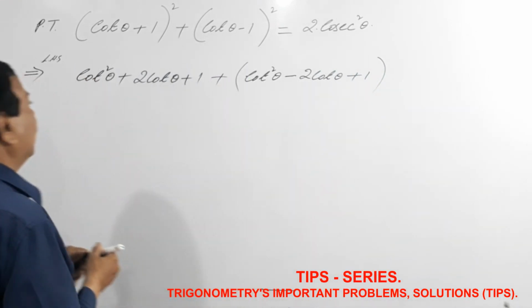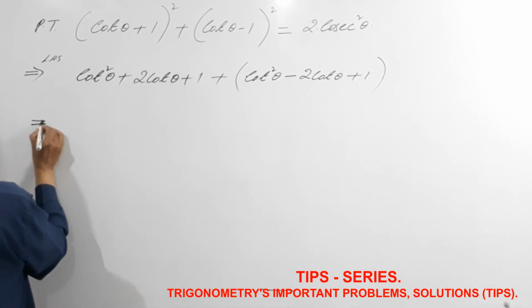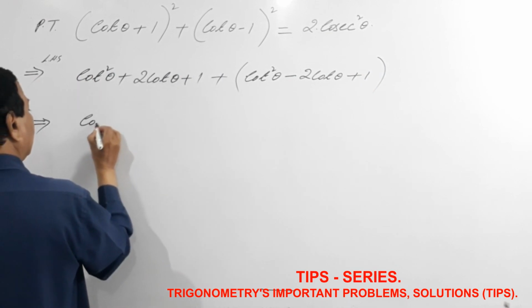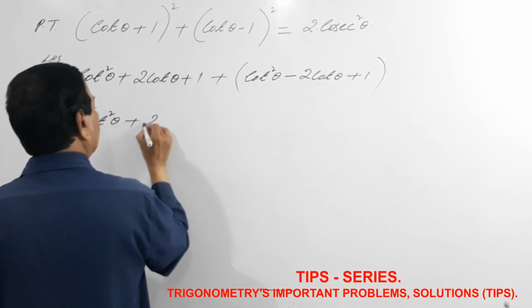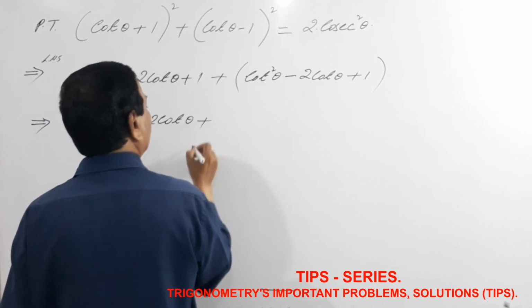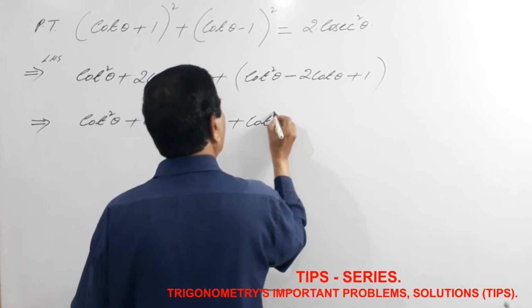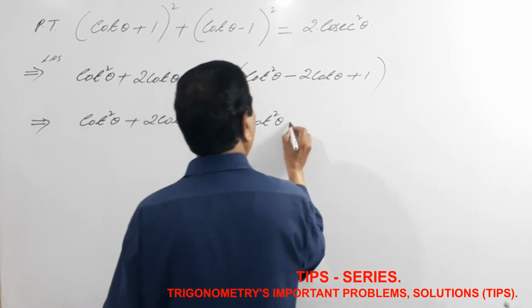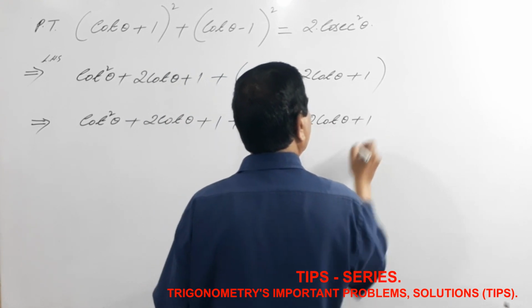Done. So now let's open the bracket here. This is equals to cot square theta plus 2 cot theta plus 1 plus cot square theta minus 2 cot theta plus 1.